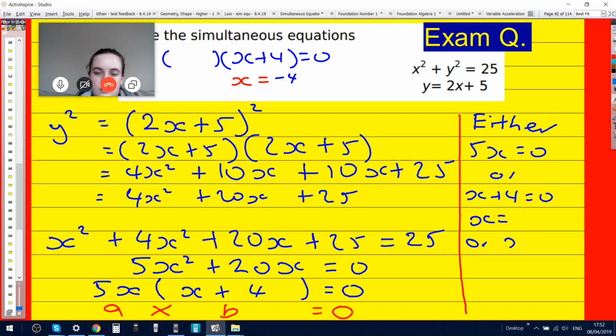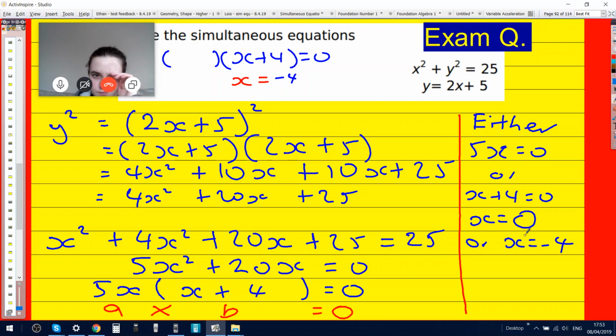Divide both sides by 5. X equals 0. Yep, 0 divided by 5 is 0. It's an easier type, but more people get it wrong. You're just factorizing into a single bracket. So 5 times something equals 0, so that something has to be the 0, or the other one would be the 0.